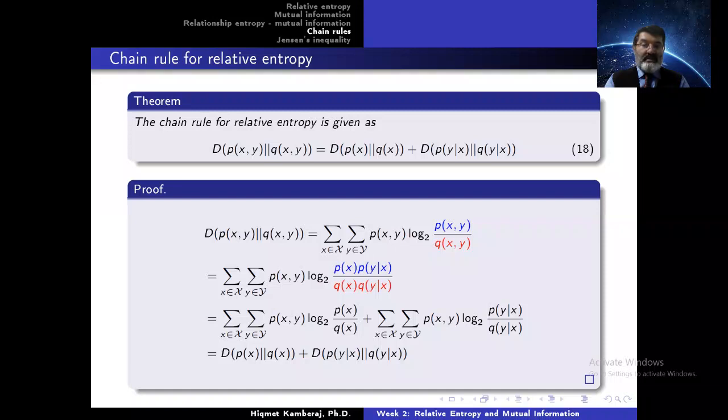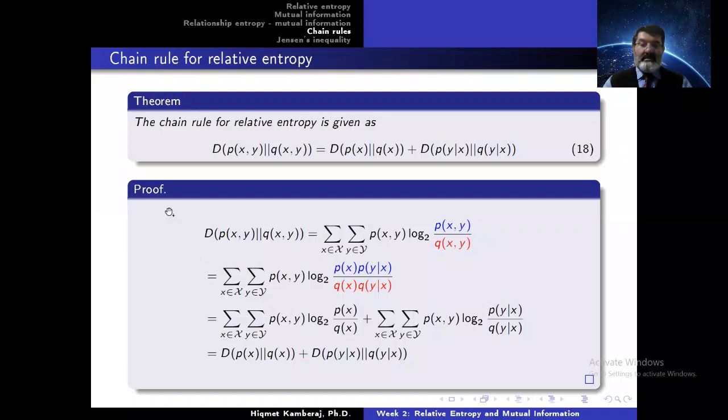It is equal to the relative entropy between the marginal probability mass functions p of x and q of x, plus the relative entropy between the conditional probabilities p of y given x and q of y given x.